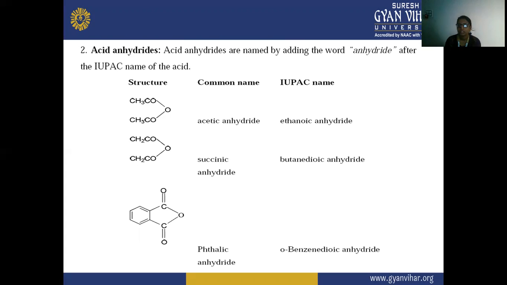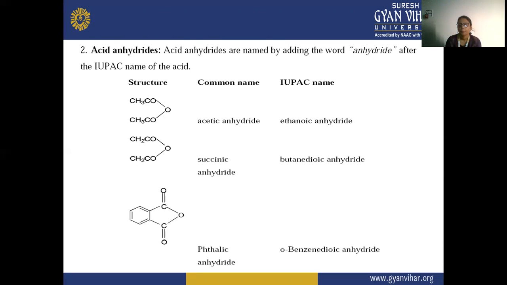So next is CH2CO, O, COCH2, with C2H4 bridging, and its name is succinic anhydride. In IUPAC, its name is butanedioic anhydride. Next is a benzene ring attached to the 2 carbonyls and the 1 oxygen.